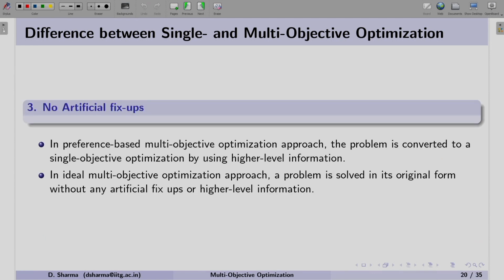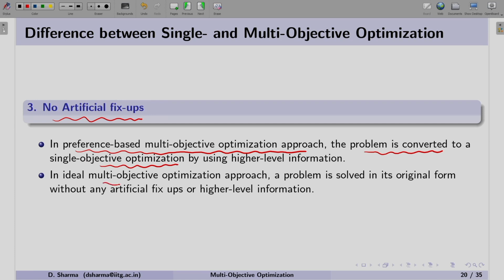The third difference we can understand is the artificial fix-up or the higher level information. So, let us look into it. We do not need artificial fix-ups while solving the multi-objective optimization problem. In preference based multi-objective optimization approach, as we have understood, we convert our multi-objective problem into a single objective optimization problem.